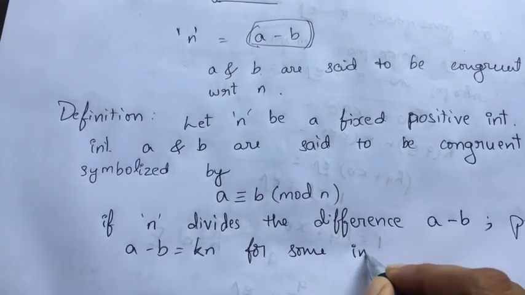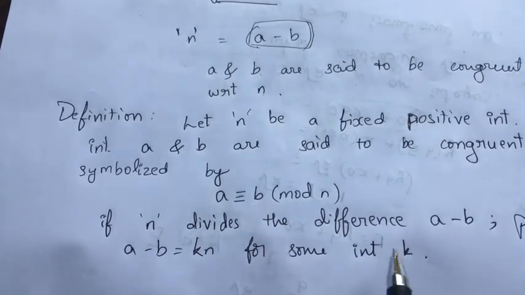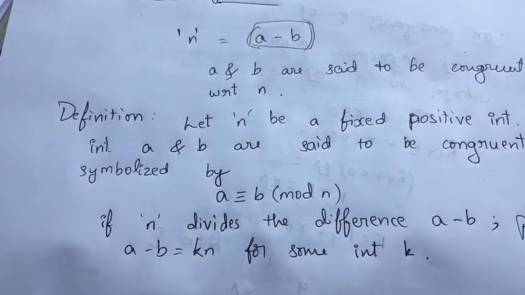We write a ≡ b mod n, where n is a fixed positive integer.